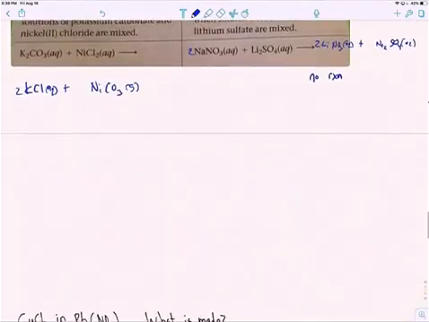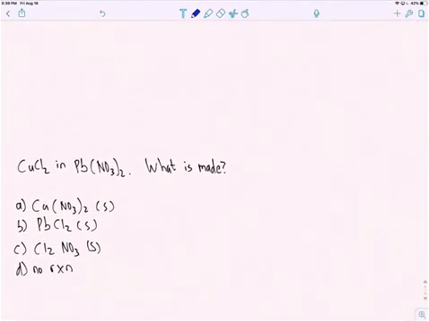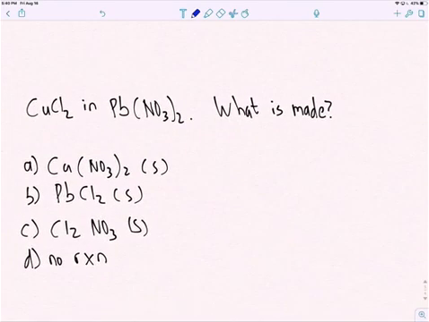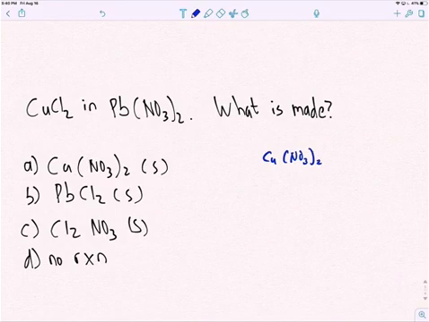Okay. Let's see if you can do this. Copper chloride and lead nitrate. Is anything made? So go and look at the previous chart and see if you can figure this out. And if you need some hints, you need to look at copper nitrate might form, and lead chloride might form.